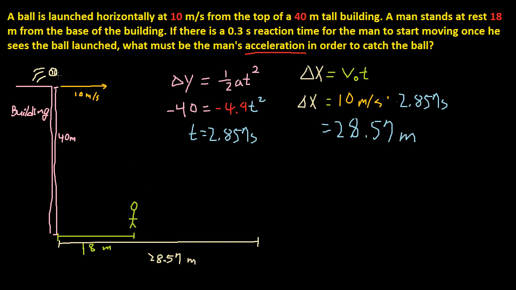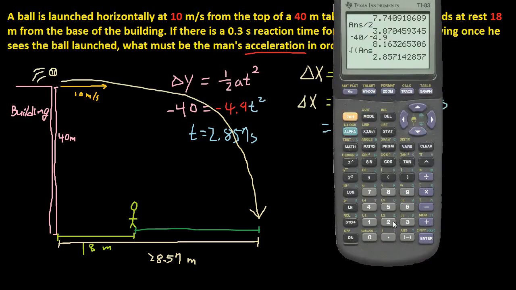So the ball goes like this. Let's see how much this man has to go. This man right here needs to go this distance, and that will be just this minus that. So let's do that real quick.